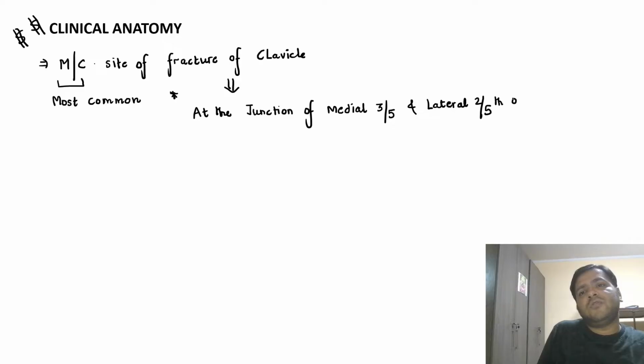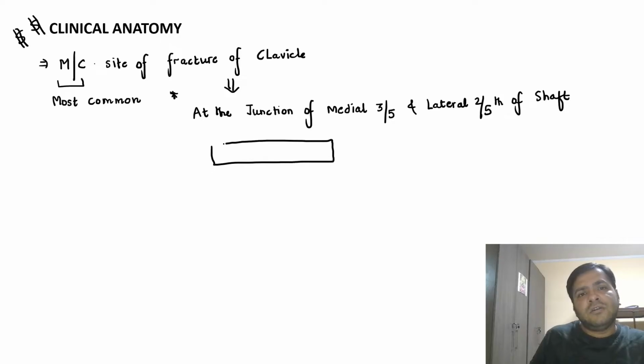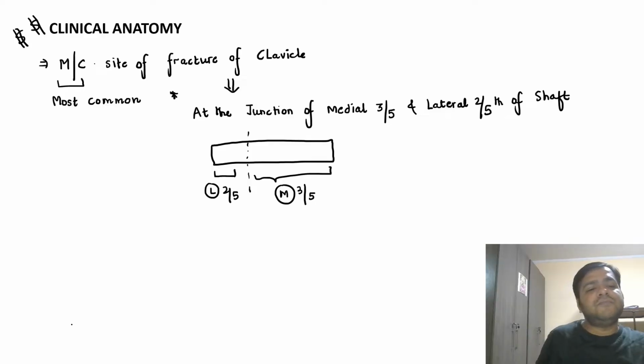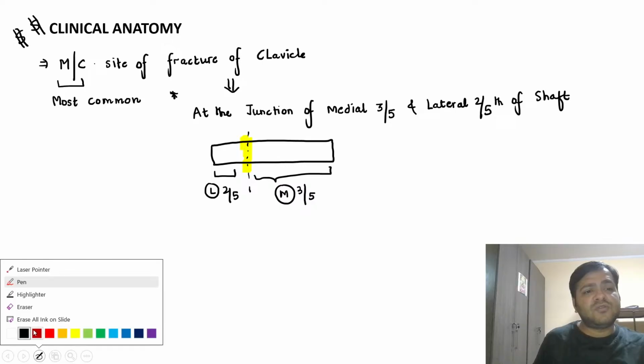Lateral 2/5 of the shaft. Remember, suppose this is the clavicle, right? This is the medial 3/5 and this is the lateral 2/5. So at the junction of the medial 3/5 and the lateral 2/5, the fractures are most common over here, guys.